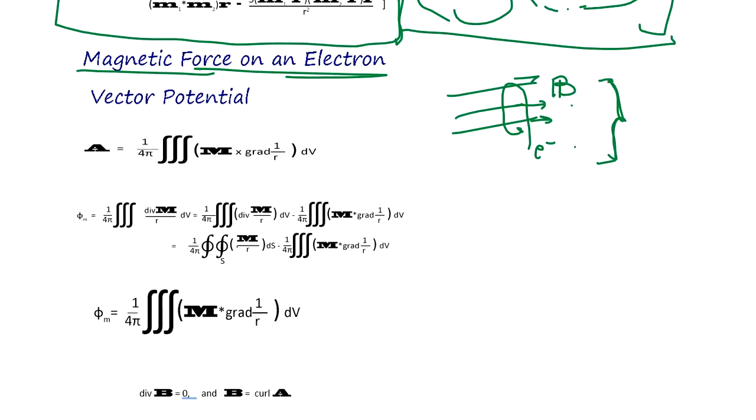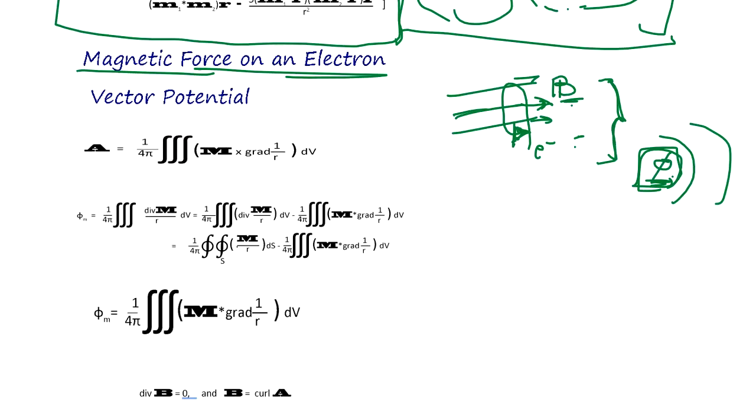This interaction is very 3D. It's an orthogonal force to the field. So we used potential to figure out Coulomb's law, and this scalar potential was good enough for that.